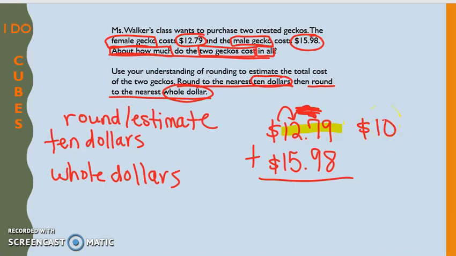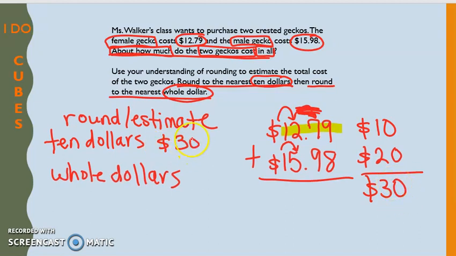And for $15.98, we're going to look at the ones place. We have a 5, which means we're going to round up, or estimate that cost is about $20. So our estimate to the nearest $10 is $30. In total, these are going to cost about $30.